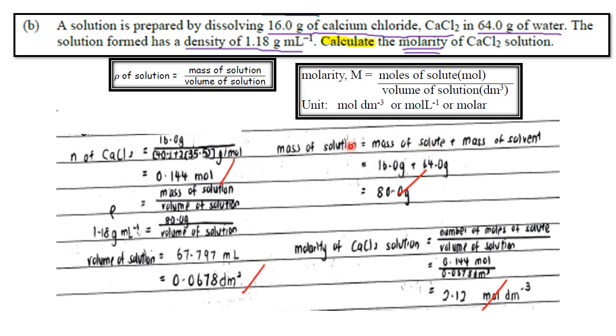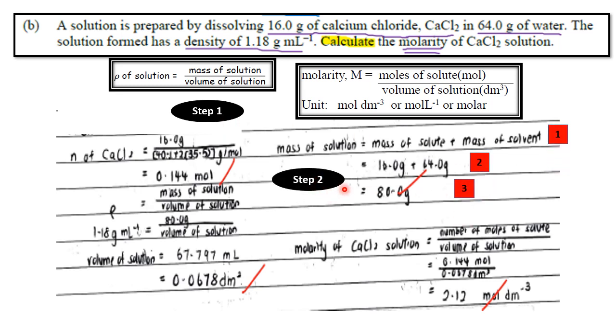Next, the mass of solution. Why do I need to find the mass of solution? Because I need to find the volume of solution. Step 1 is the mole of solute. Step 2 is the mass of solution. Each step has formula, substitution, and then final answer with correct unit. Once I have the mass of solution, I proceed with the volume of solution.